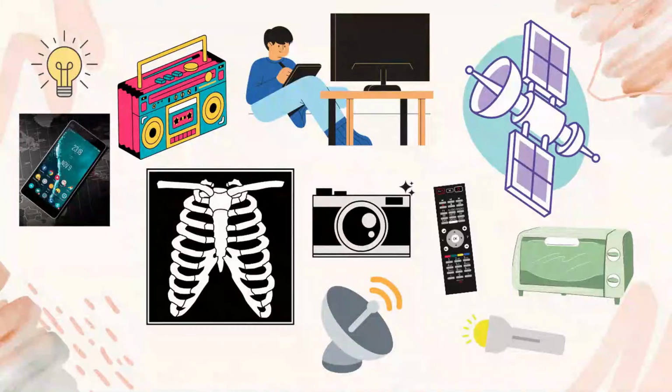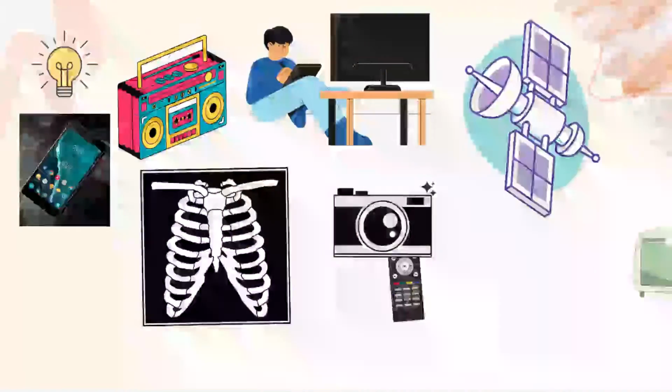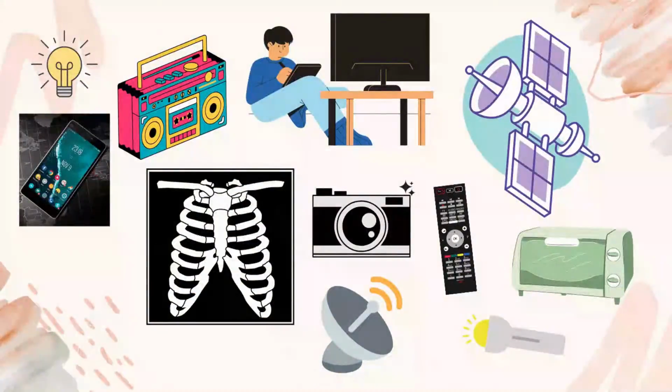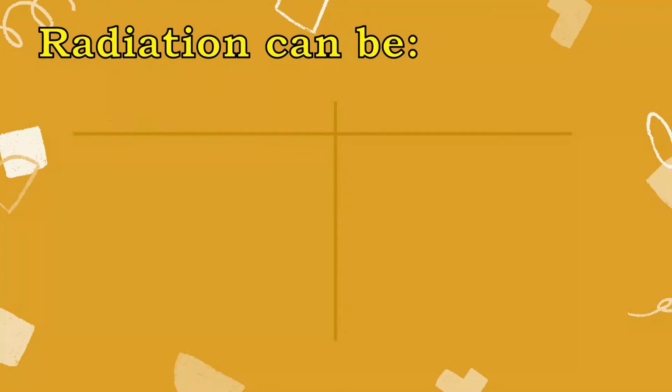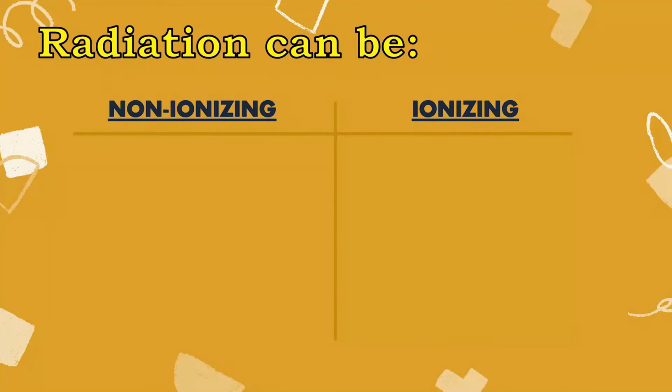But even essential forms of radiation can be harmful in excessive amounts. The effect of EM radiation on organisms and the environment depends on how much energy it carries. Radiation can be non-ionizing and ionizing. Non-ionizing radiation does not have enough energy to remove electrons from atoms and molecules.